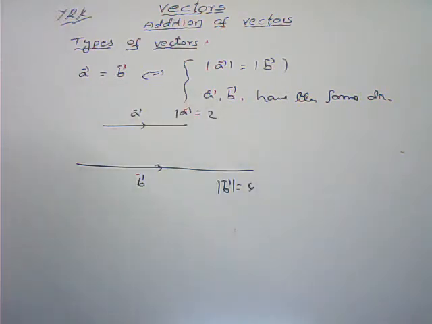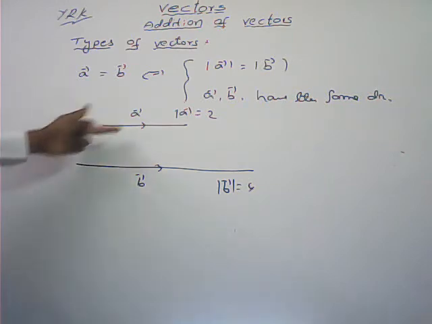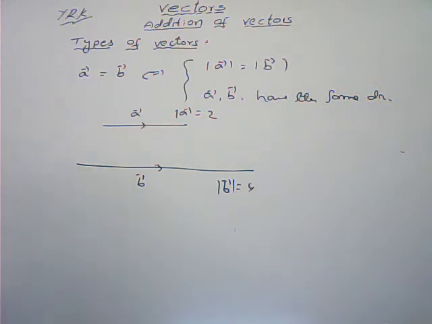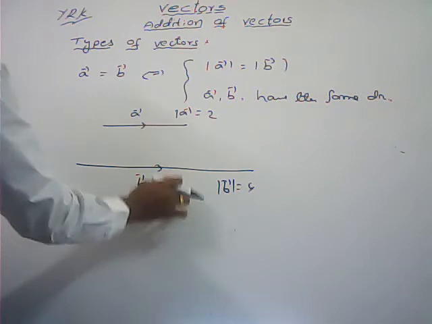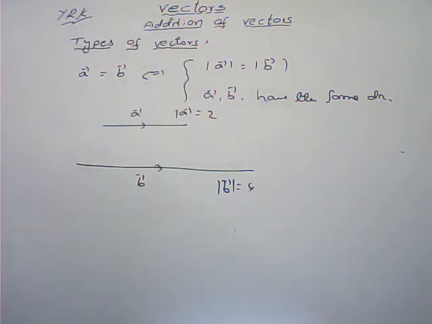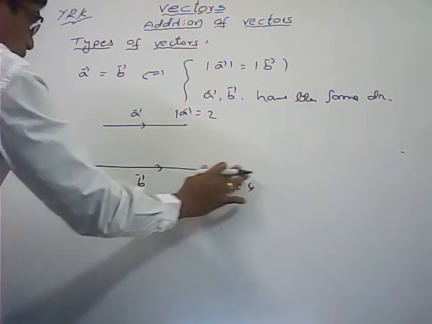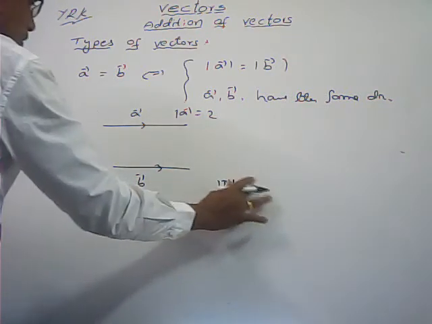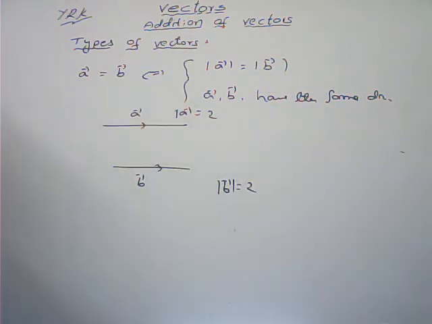Here the direction is the same, but we can't say these two are equal vectors. Why? Because they have different magnitudes. Both should have the same magnitude. So if I restrict this one, modulus of b bar equals 2, then we can say a bar, b bar, both are equal vectors.